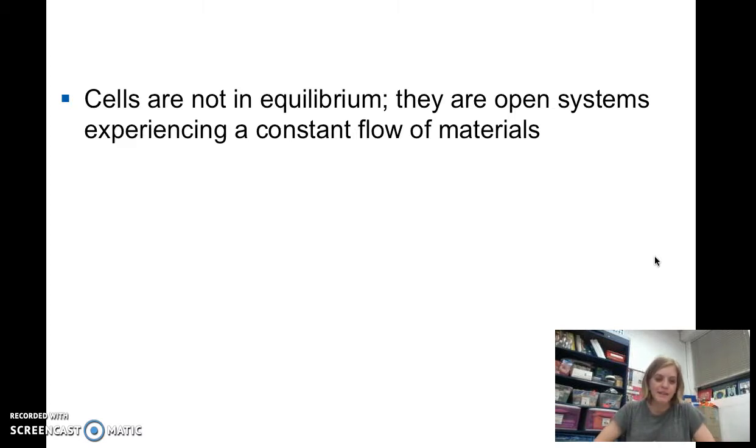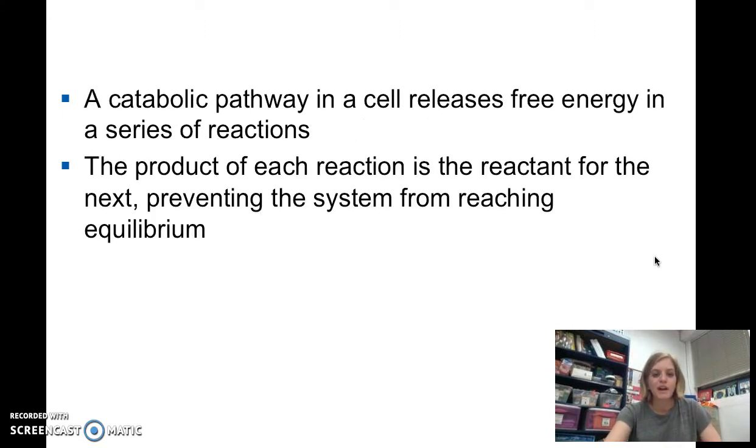The reason why cells never reach equilibrium, even though they're always striving to get to that point, is that things are always diffusing in and out of the cell. There are constantly proteins, chemicals, molecules, all kinds of things moving in and out of the cell, and as long as that continues to happen, the cell will never fully reach equilibrium and will continue to process things in and out of the cell and keep it alive.